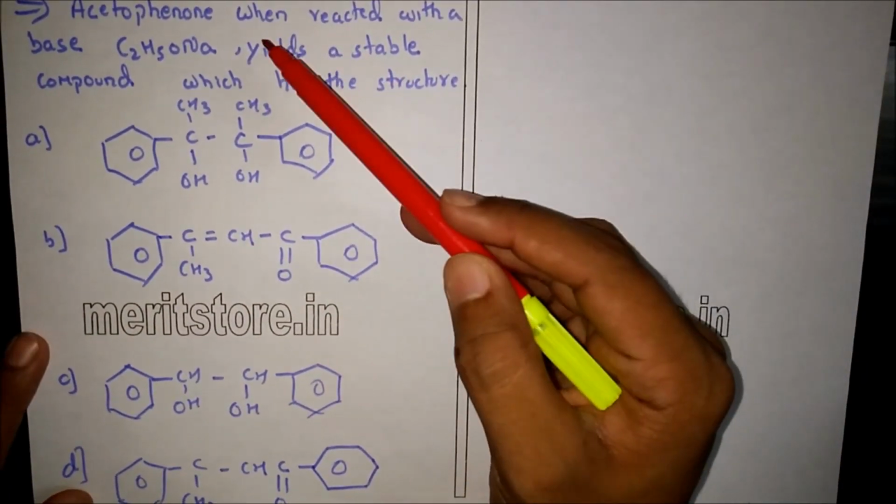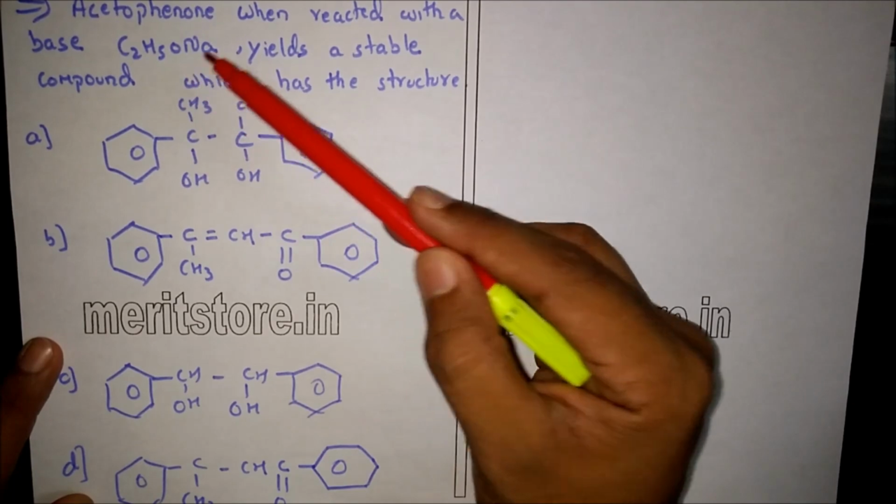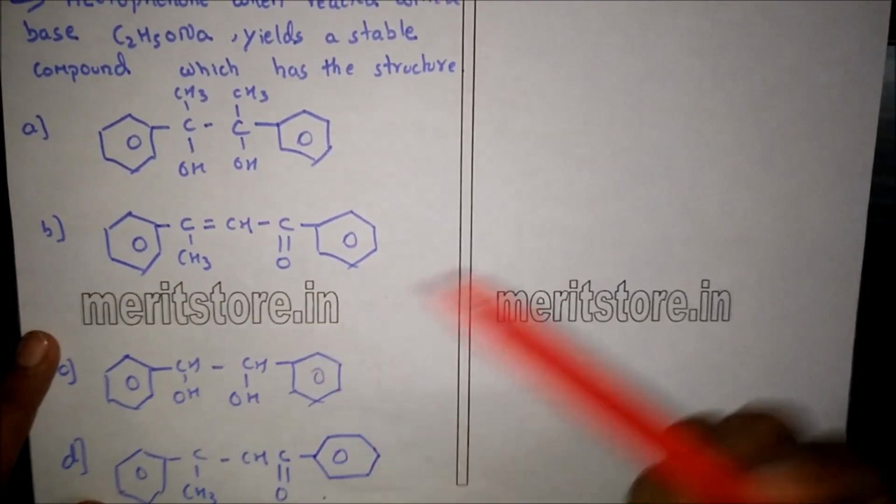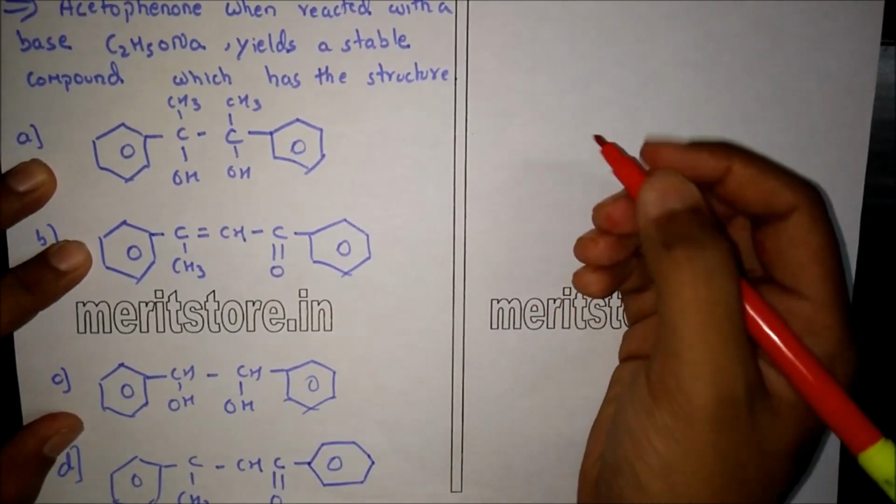Acetophenone, when reacted with a base C2H5ONa, yields a stable compound which has the structure. Here are the options of the structure. Now let's look at how the reaction takes place.